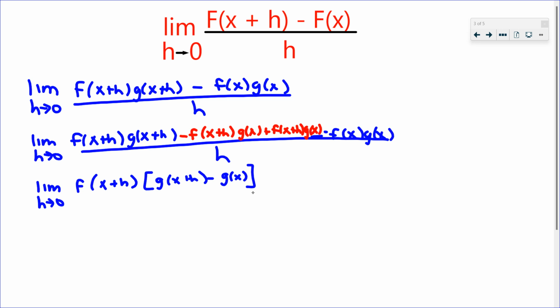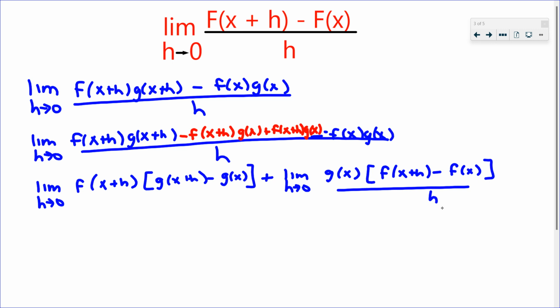Then in my next one, I'm going to factor out a common factor of g(x). So I'm going to say plus the limit as h approaches 0, factor out a g(x). So this would be g(x) times f(x+h) minus f(x). And again, this is all over h, as is this.